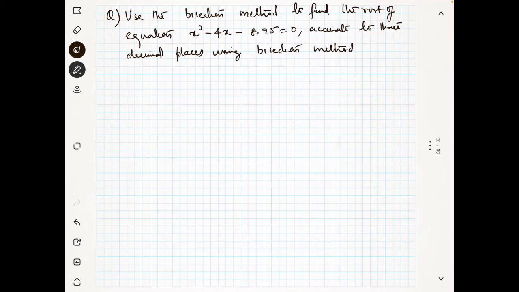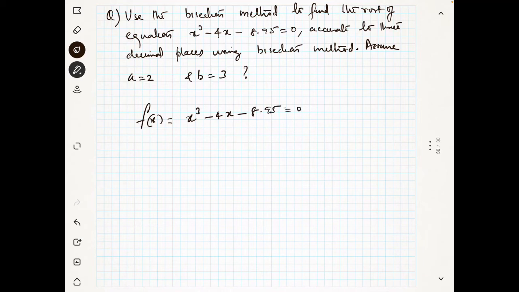So you first have to find where the solution is. Assume the initial values a equal to 2 and b equal to 3. We will see whether the solution exists between a and b. We have f of x equal to x cube minus 4x minus 8.95, which is equal to 0. This is our equation. We have to find the value of x.